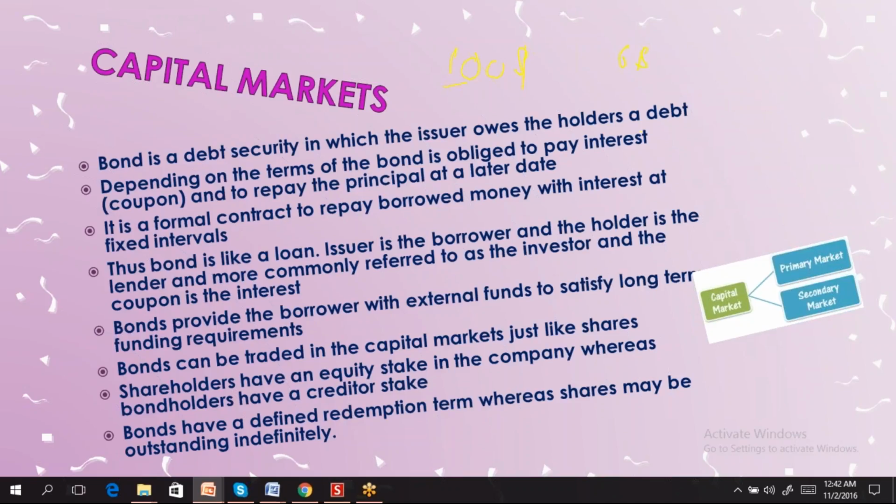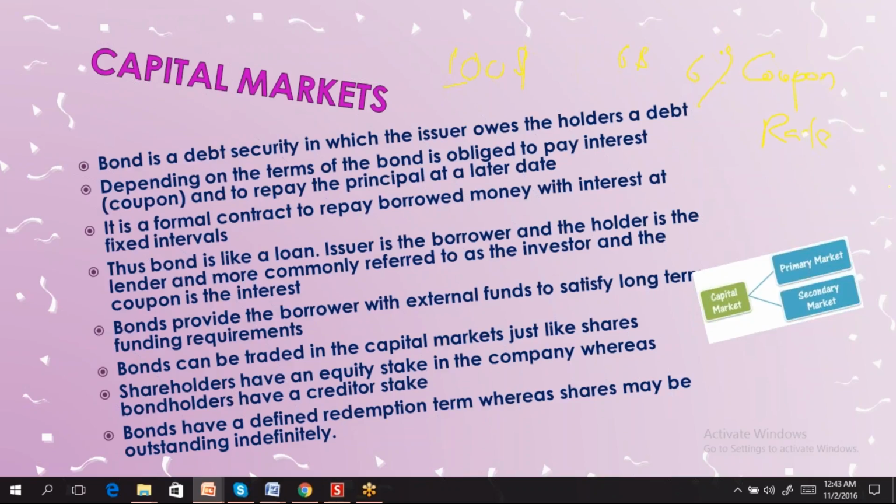So if you are holding 10 loan notes, you will get $60 interest every year, and that is mandatory. The company must pay. This 6% is called the coupon rate. So whenever the examiner talks about coupon rate, that means the percentage on the nominal value.